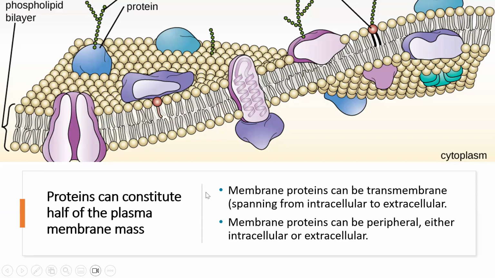And these are going to be like a transmembrane, so trans meaning across, a transmembrane protein. And then we're going to have peripheral proteins. You can have peripheral proteins intracellularly, and you can have peripheral proteins extracellularly. And so those peripheral proteins don't span the entire membrane.